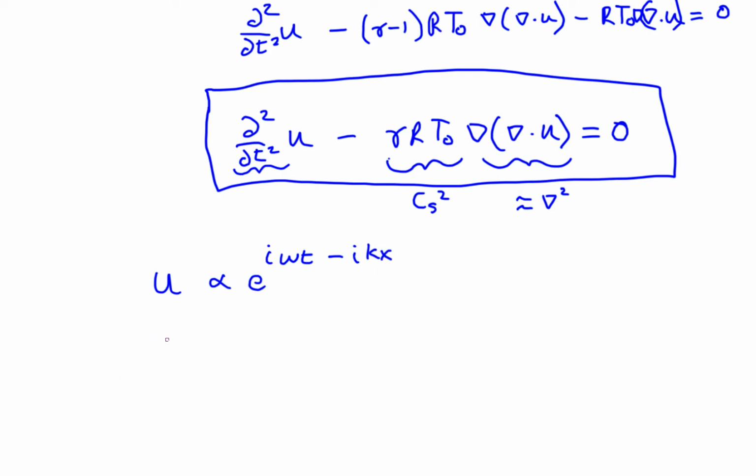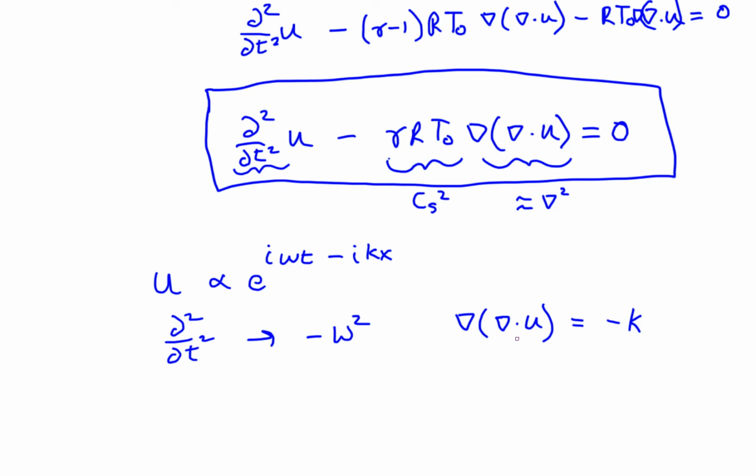What this means is that our second time derivative operator is equal to minus omega squared, and our gradient of the divergence of u operator, at least for one-dimensional waves like this, is minus k squared, because the two derivatives in time bring down I omega twice, so it's I squared omega, which is minus omega squared, and likewise for the spatial gradients.